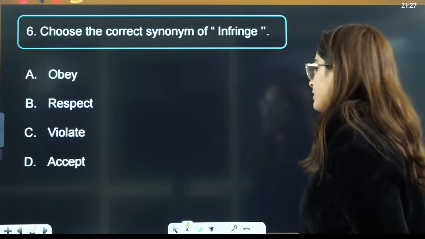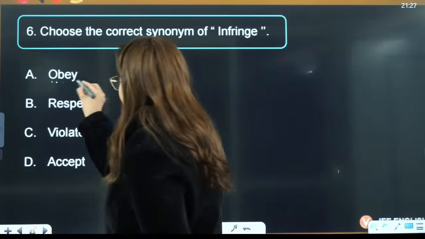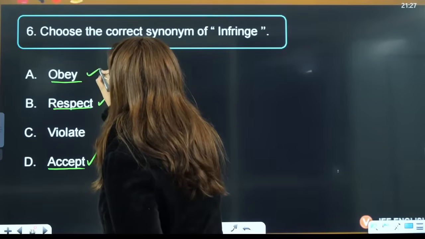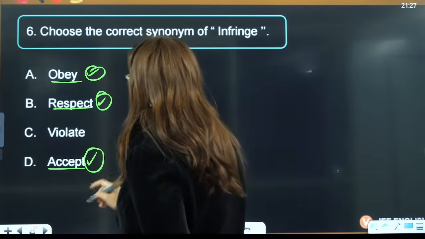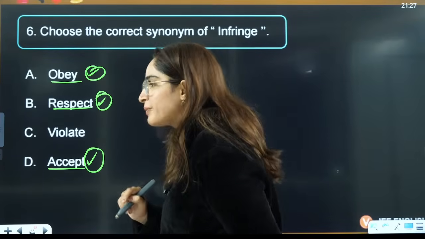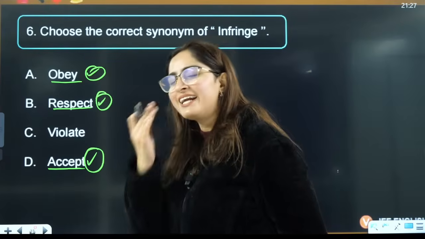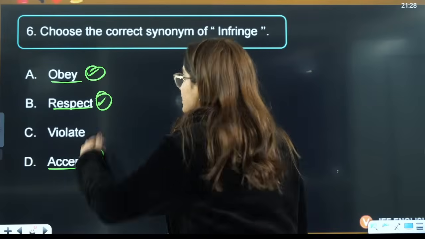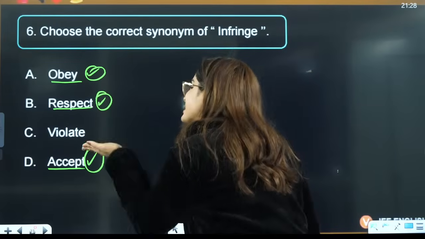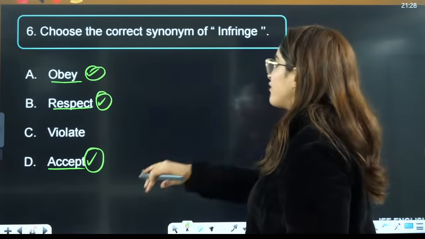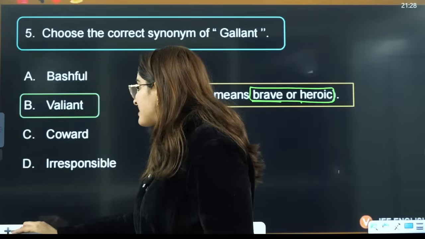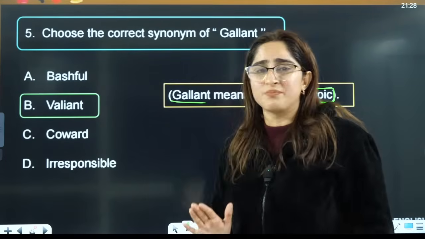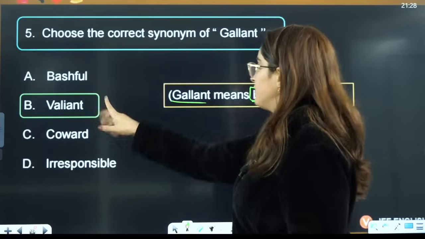How do I solve this? Obey, respect, accept are three synonyms of each other. So all three cannot be the answer. Simple hit and trial, guys. Logic. Even if you don't know, you can answer. This one is the odd one out, so this must be the synonym of infringe. Same here also you can answer. Coward, irresponsible, bashful are negative terms. This is the only positive term left.